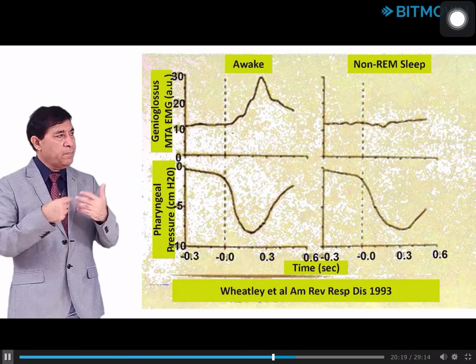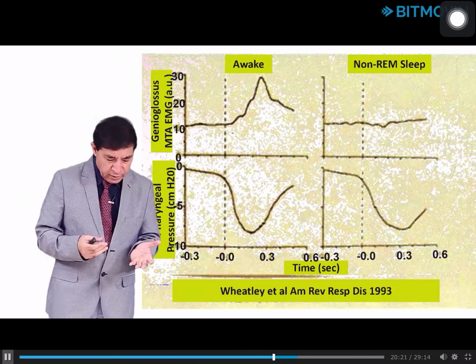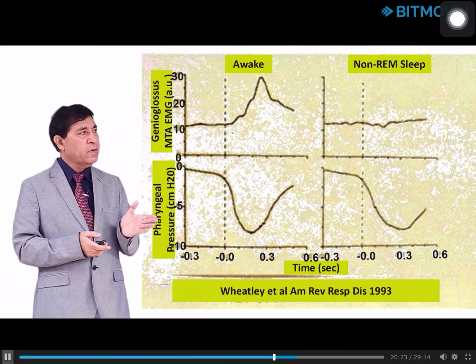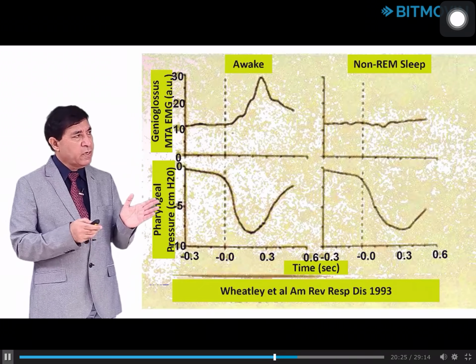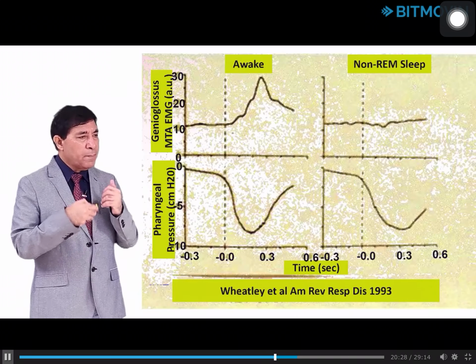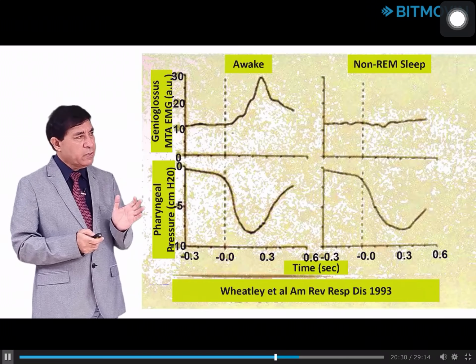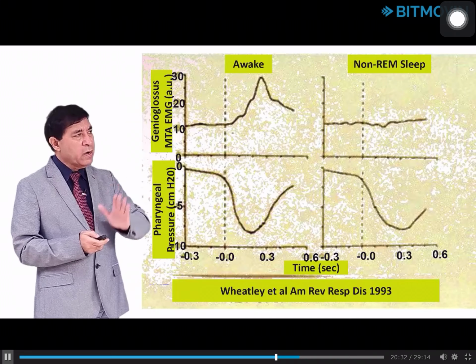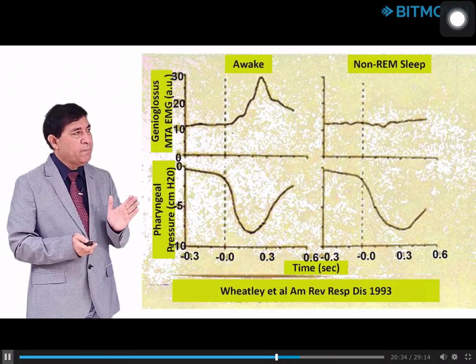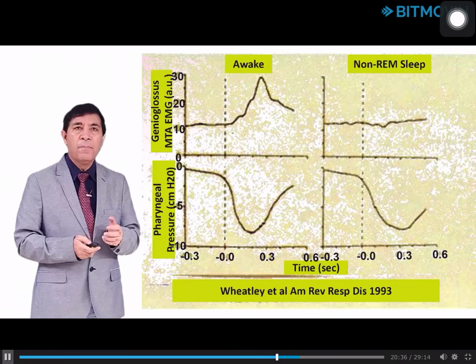So this negative pressure reflex becomes significantly impaired in sleep in patients with sleep apnea, and as a result they are not able to compensate for deficient anatomy in sleep, and there is an anatomical narrowing and they develop partial or complete closure of the upper airway.